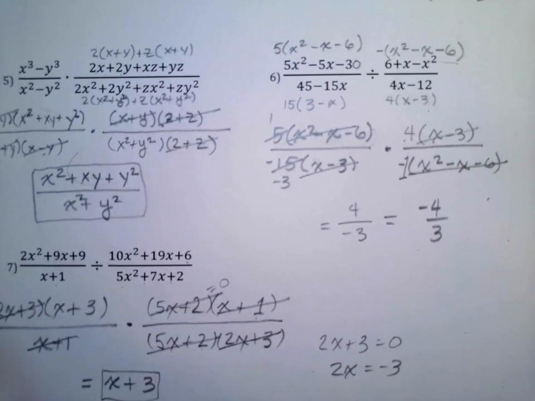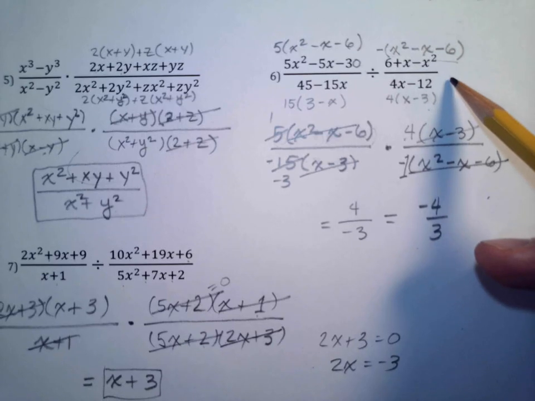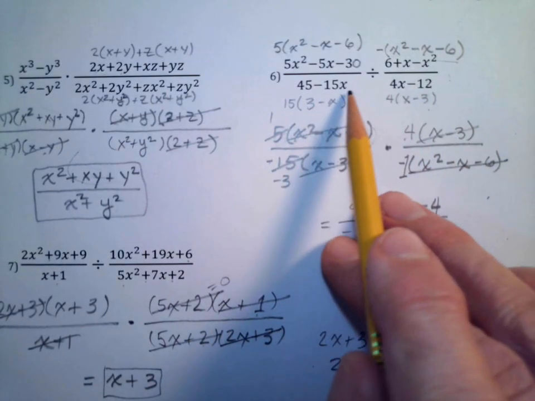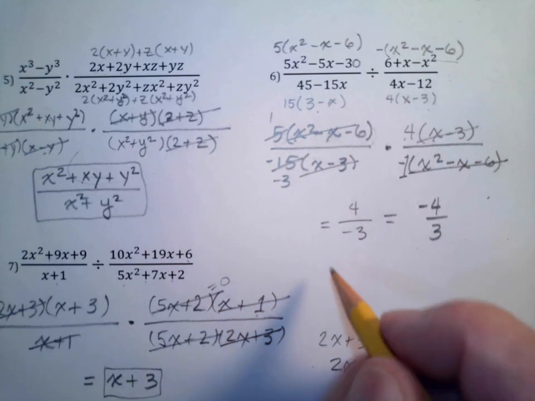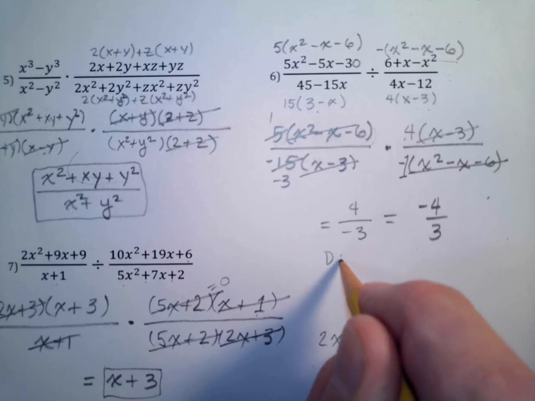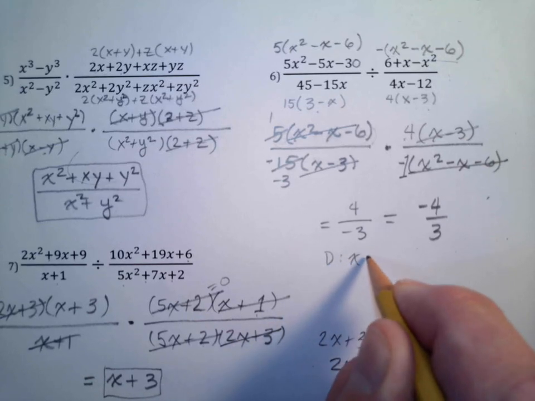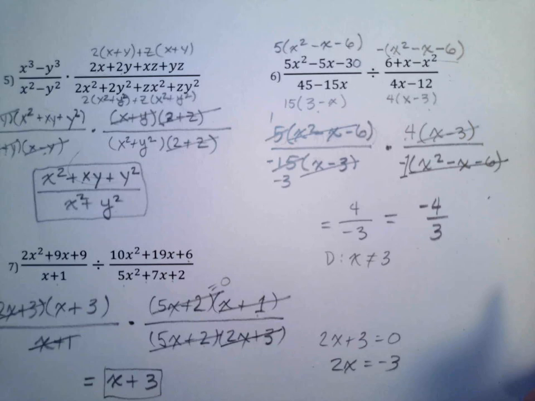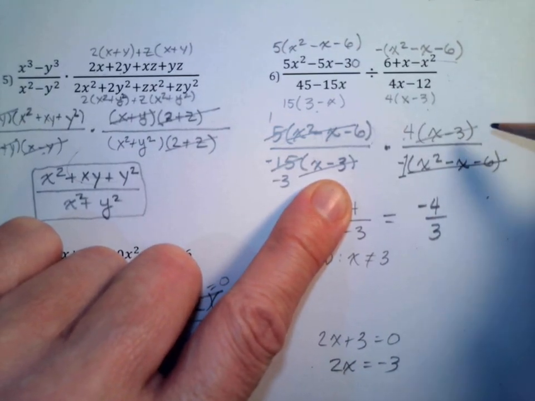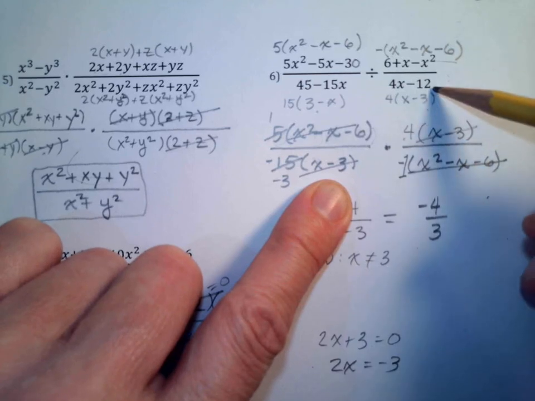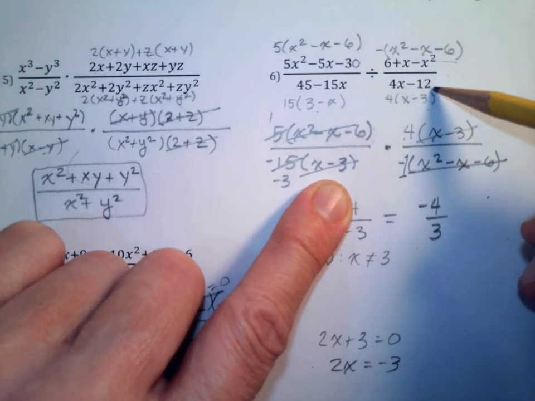And I guess we didn't really look at the domain for this one up here. Again, we have to make sure that this can't be 0, which would be 3, right? So for the domain for number 6, x cannot equal 3. Which is what this was anyway, so that takes care of that.